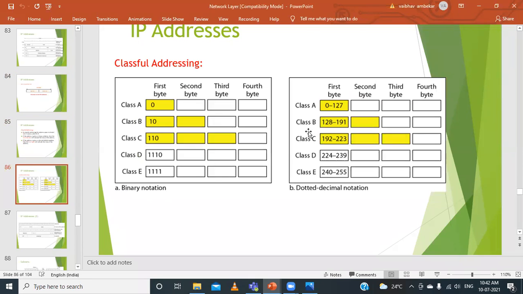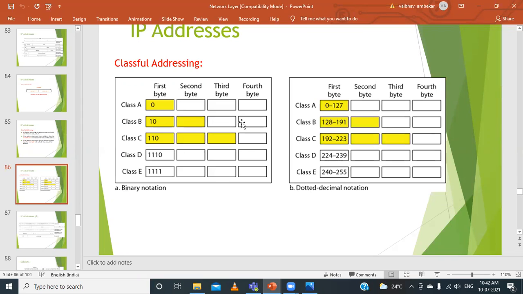If our IP address belongs to class A, then the first byte will represent the net ID and the remaining 3 bytes will represent the host ID. Similarly, in class B, the first 2 bytes, or first 16 bits, represent the net ID, and the remaining 16 bits will represent the host ID.